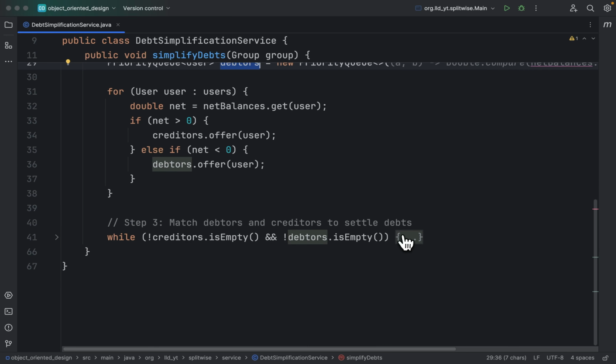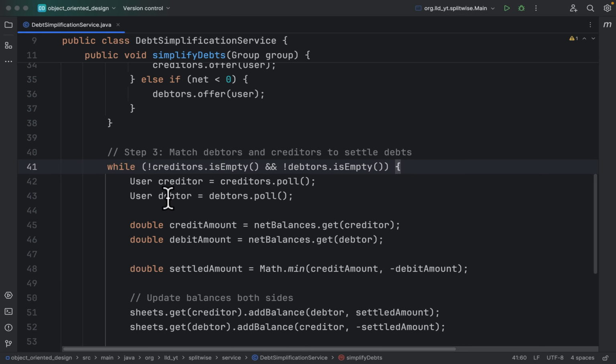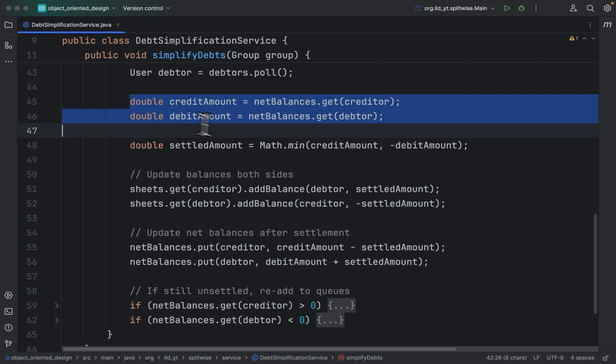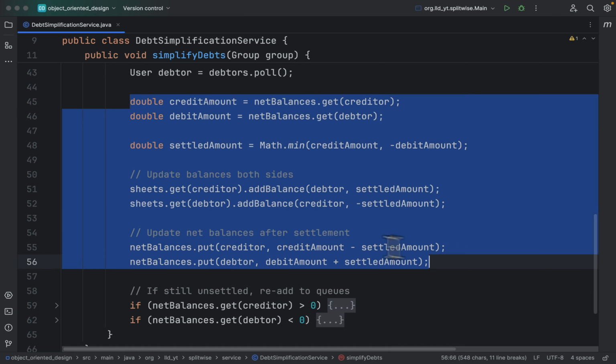And finally, I am trying to match the sender with the receiver, and not any sender, but the minimum sender with the maximum receiver. So once I match both of them, I'm trying to update their balance sheet and the net balance. Okay.